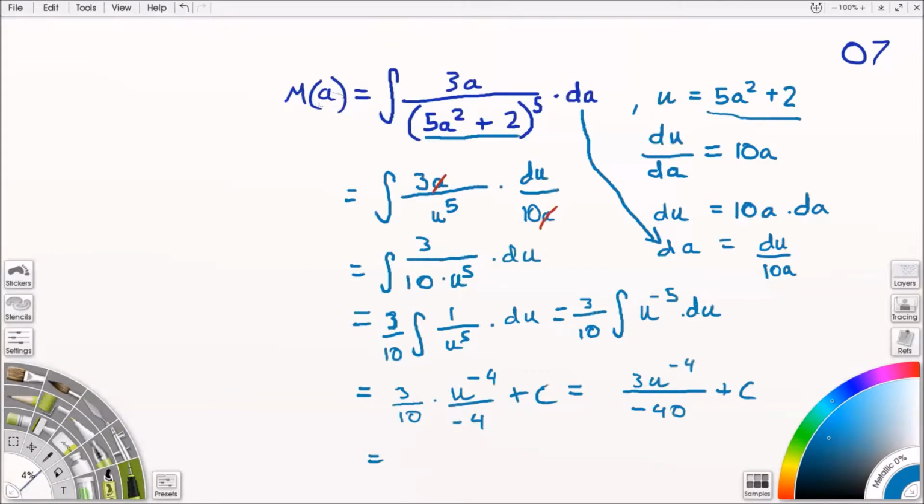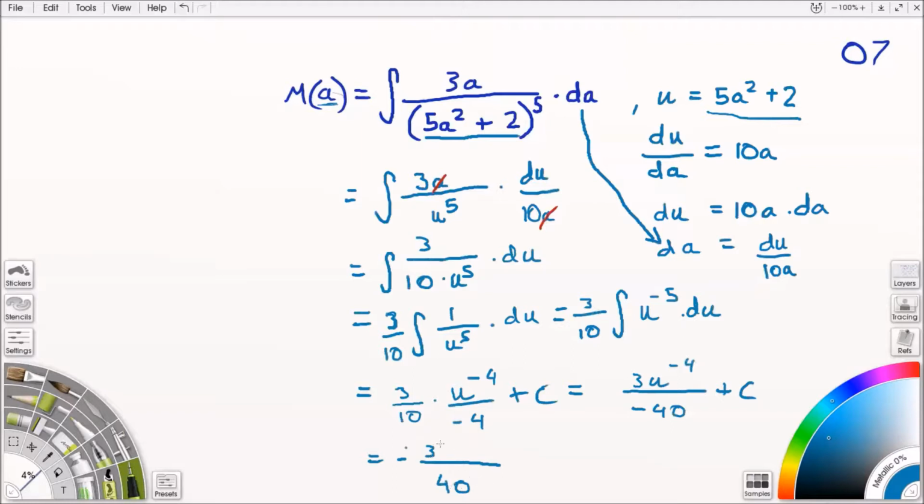Since we were originally wanting the integral of this with respect to a, we just substitute it back in. We're all done with using u now, so we can just say that negative 3 over 40.